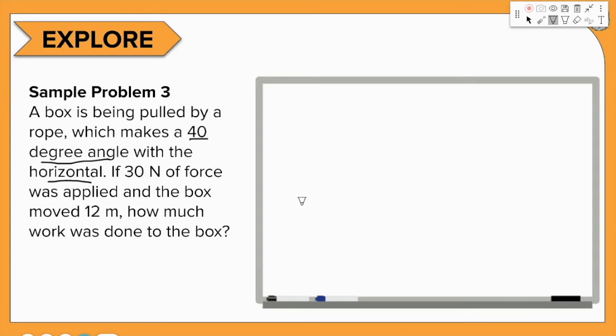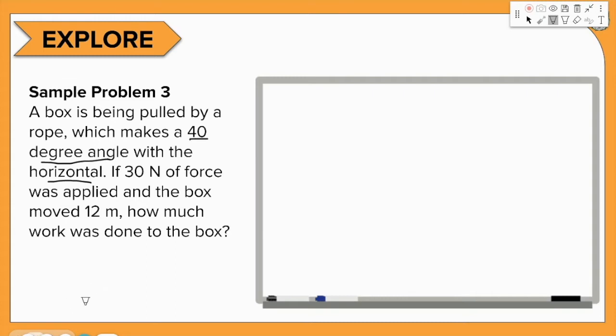That means the angle is measured from the floor. If 30 newtons of force was applied and the box moved 12 meters, how much work was done to the box? In this case, the word problem is not that simple.